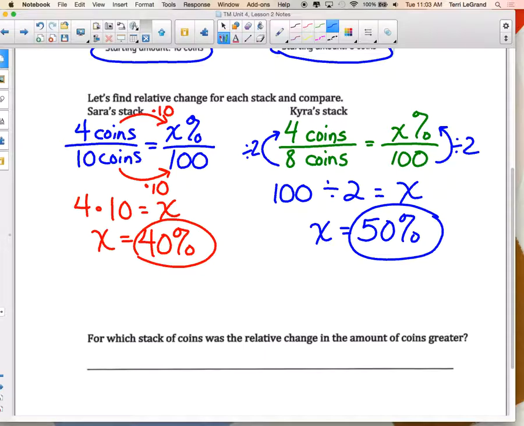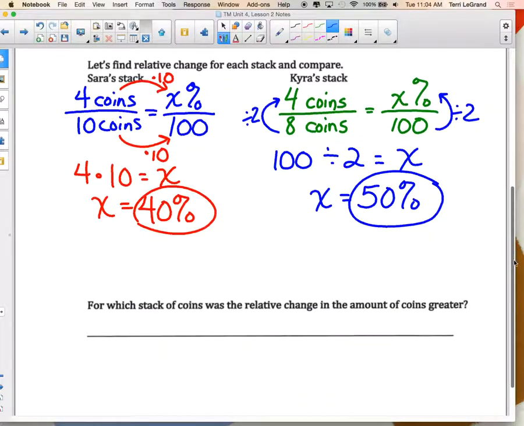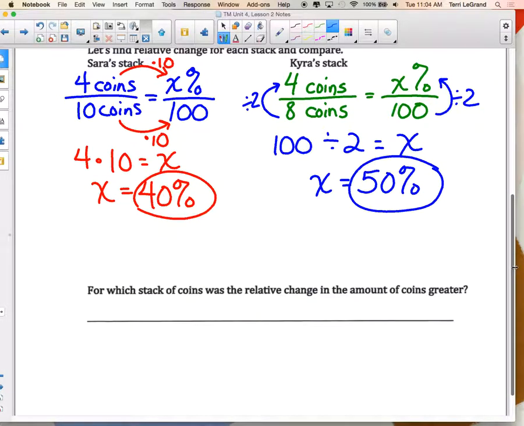Whose relative change is greater? Kira's, yeah. So all of you who had a thumbs up for Kira, can I get some reasoning why you thought Kira's would have greater relative change than Sarah's? You like her name better? Jenny?